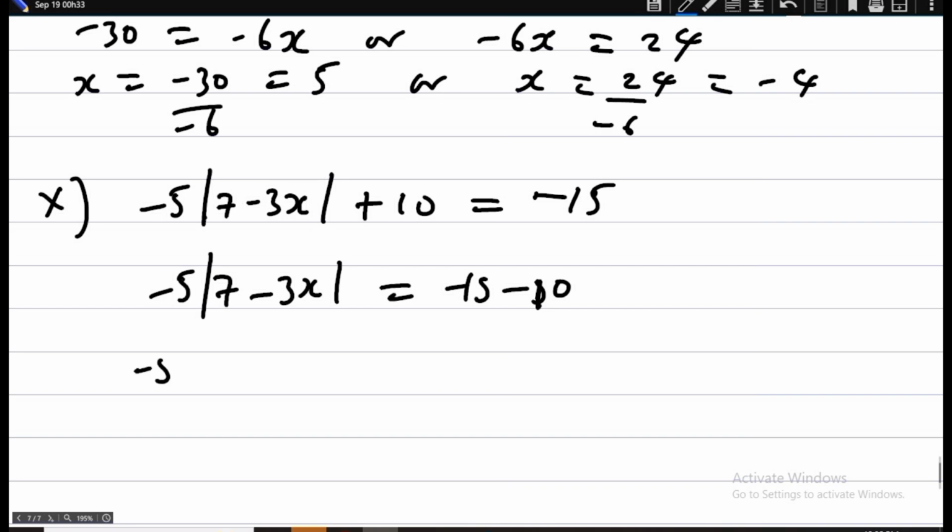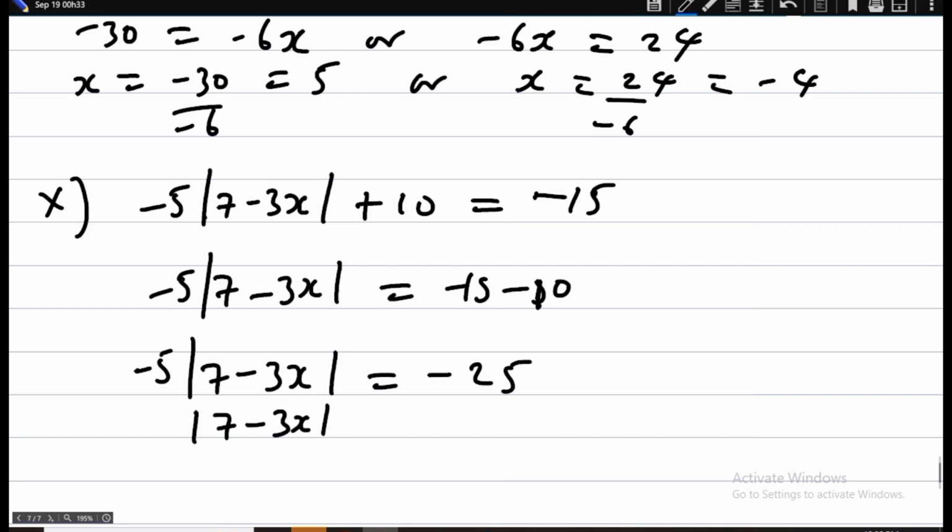So divide both sides by 5 to have that absolute value of 7 minus 3x is equal to what? Minus 25 divided by minus 5. So I'm having that the absolute value of 7 minus 3x is equal to 5.